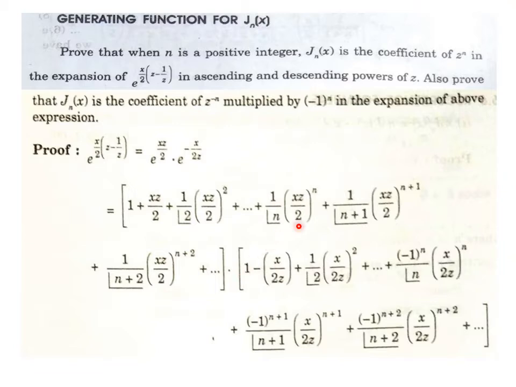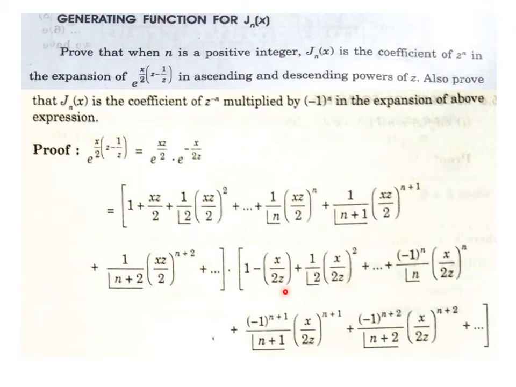Then next, the next term in the first bracket has z^(n+1), and the second term of the second bracket is minus x/(2z), meaning 1/z. So if that term of the first bracket is multiplied with minus x/(2z) of the second bracket, what about the power of z? z^(n+1) into 1/z means z^n.